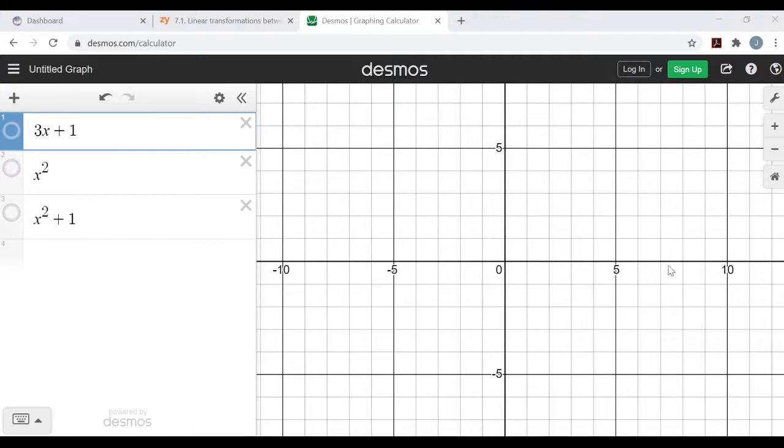The x-axis represented the domain real numbers, and the y-axis represents the codomain real numbers. And if I look at the graph of f of x equals, or in this case t of x equals 3x plus 1, remember that looked like this. It was just a line with a slope of 3 and a y-intercept of 1 and all that.